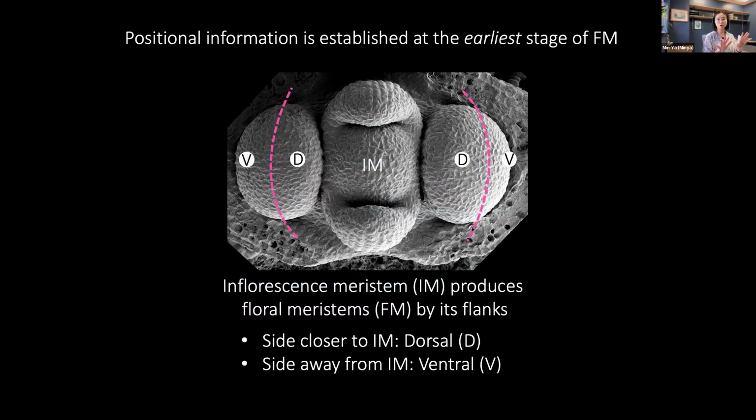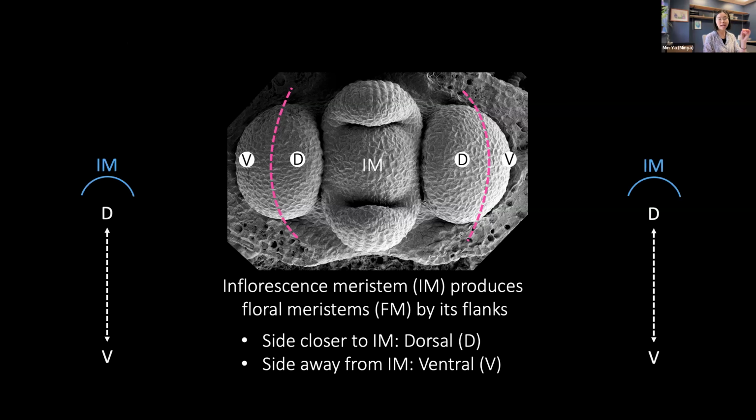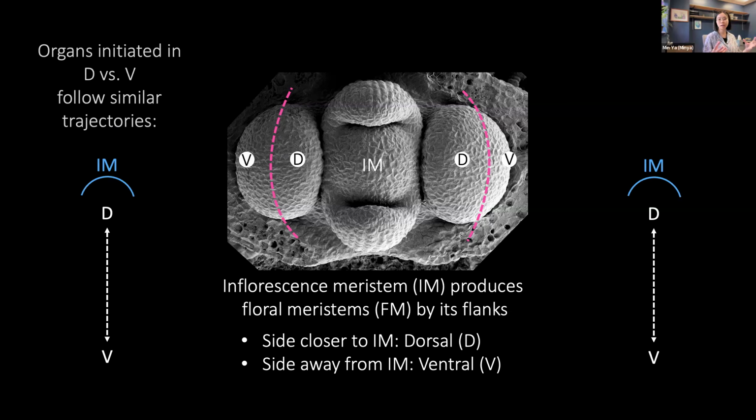This dorsal-ventral positional information is the inherent physical property of cells in the floral meristem, using the inflorescence as a reference point. In some species, the cells in the floral meristem do not respond according to their positional information.